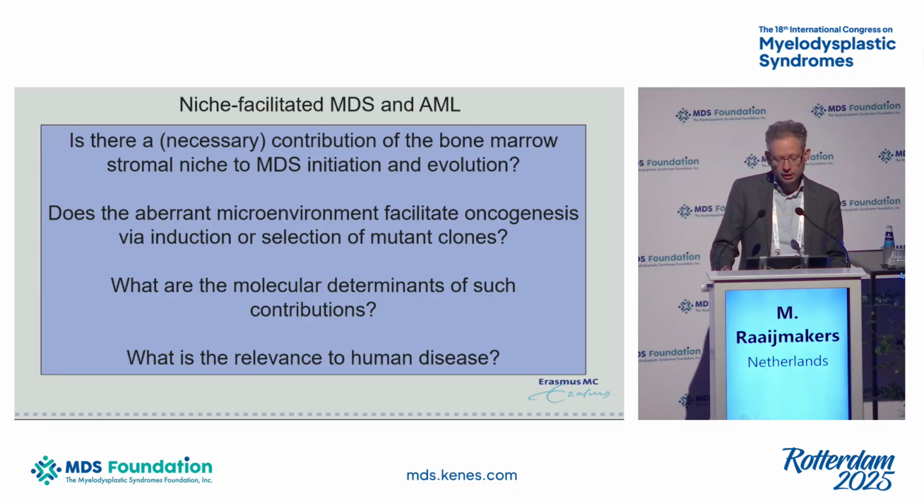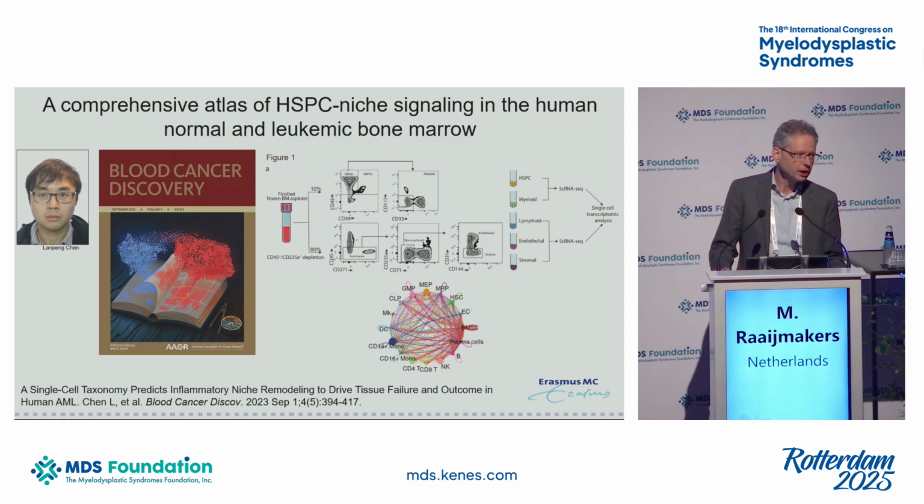So to address these questions, we have invested in generating a taxonomy of the human, normal, and leukemic marrow, where we can really look at the signaling between hematopoietic stem cells and progenitor cells and their stromal and endothelial niches. And we did that by an approach where we purified these cells and then subjected them to single-cell sequencing.